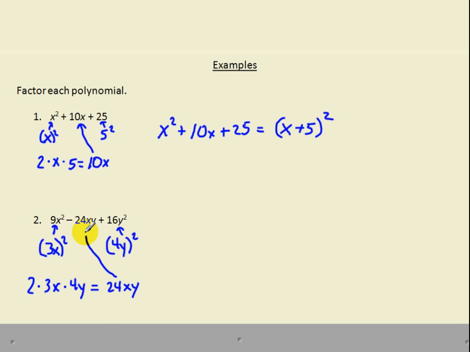And notice that here we have a negative 24xy. So in other words, this is a perfect square, this time involving subtraction. So 9x squared minus 24xy plus 16y squared is equal to 3x minus 4y, get that parentheses there, squared.